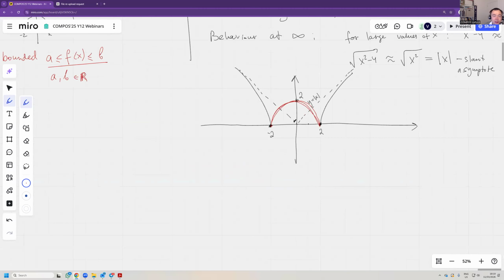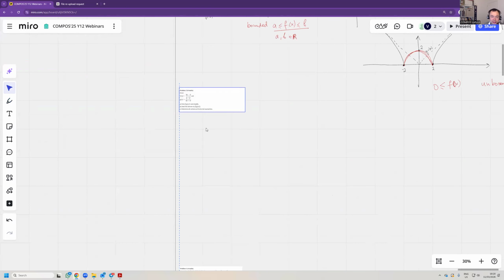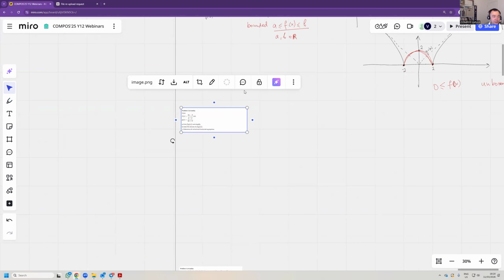Whereas here, f of x is greater or equal to 0, so it's unbounded. Okay, so hopefully that makes sense, and let's move on.